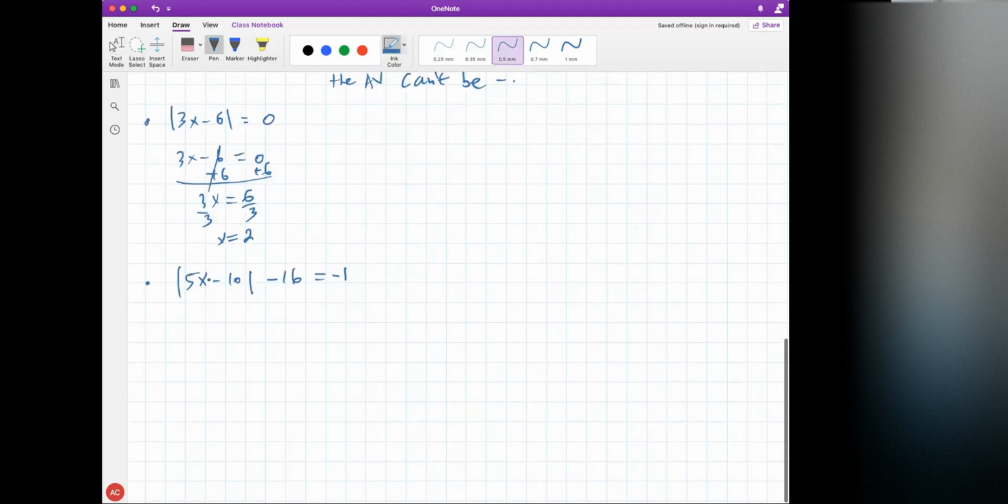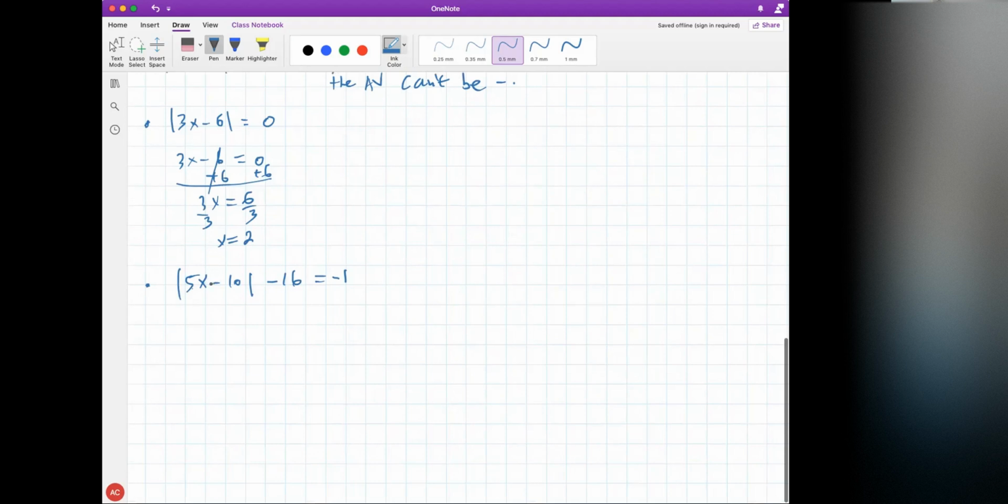To isolate it, we need to cancel negative 16, so we add 16 to both sides. So the absolute value of 5x minus 10 equals 15. Now this is the standard form, and that's k.